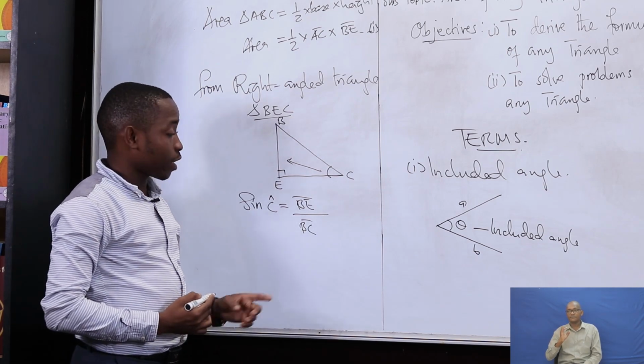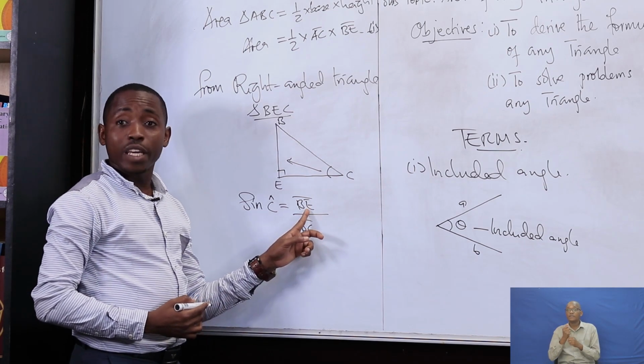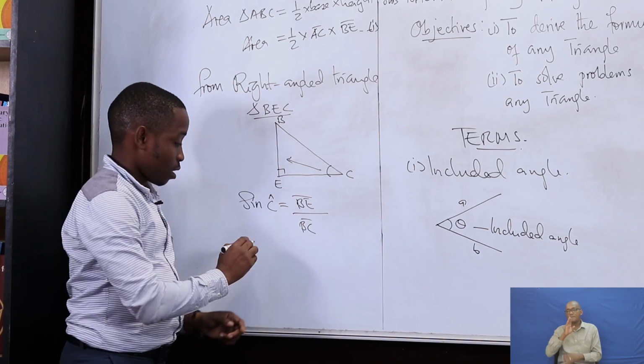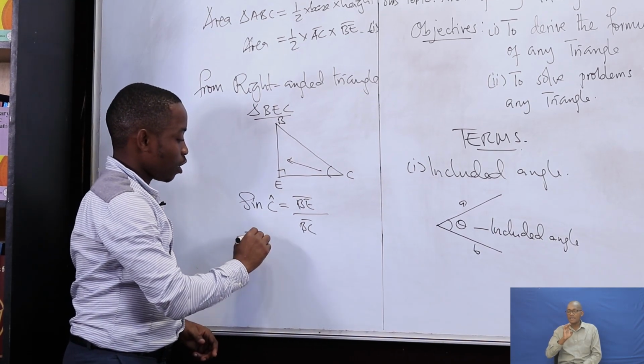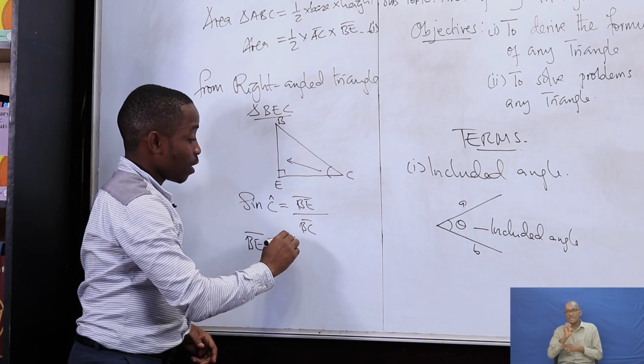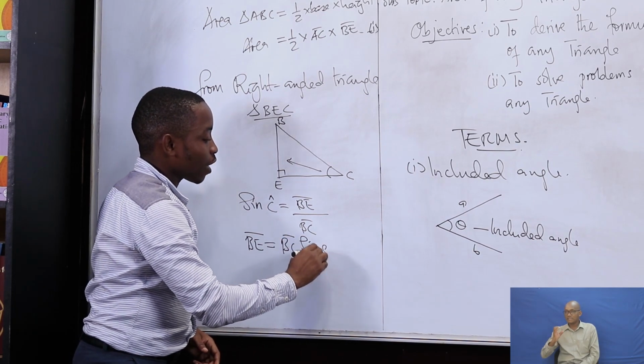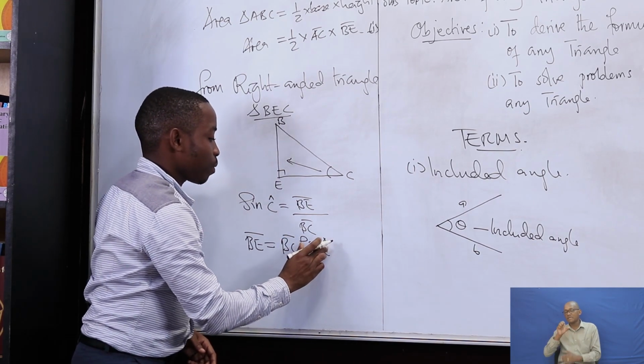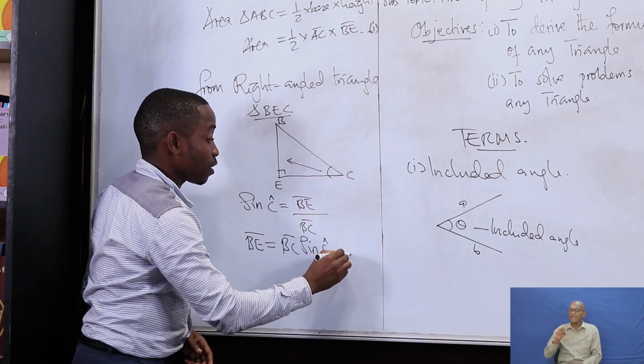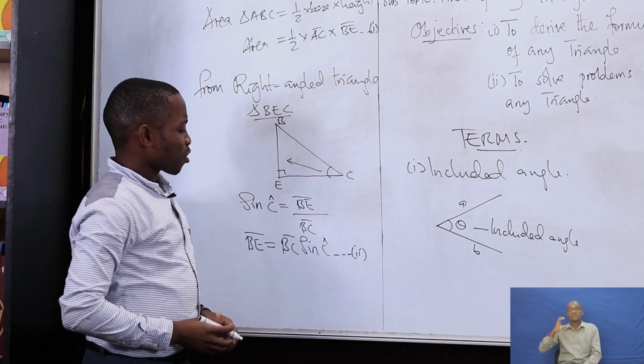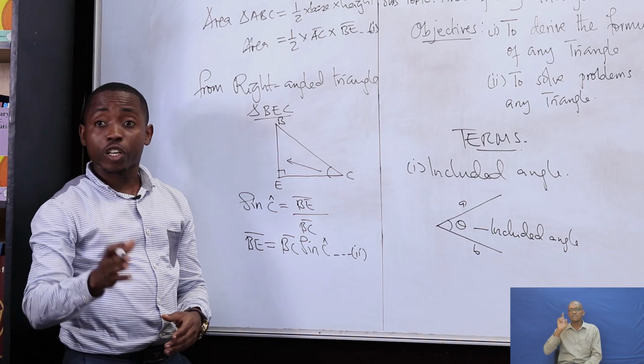Now for this case, we get our value of BE. Once we make it the subject, it will be BE equals BC multiplied by sine of angle C. This is the second equation. So up to now we have two equations.